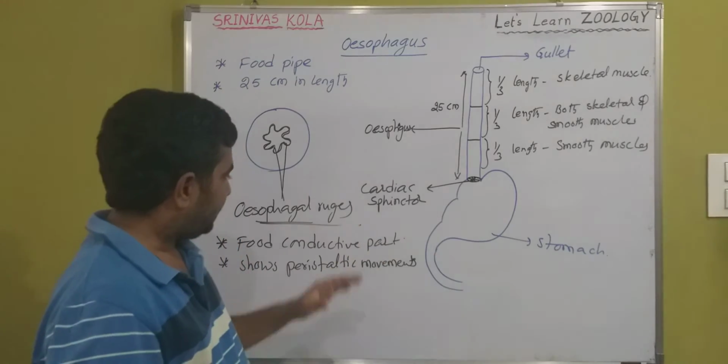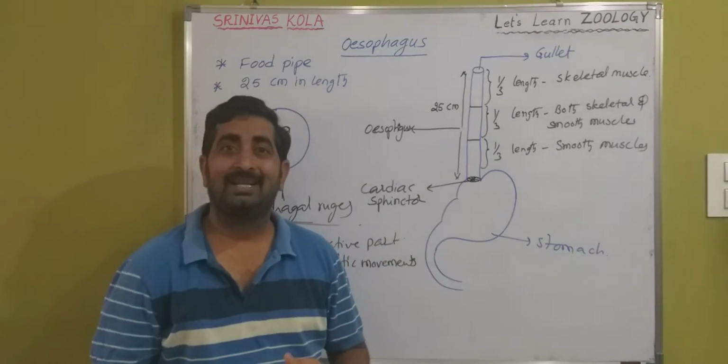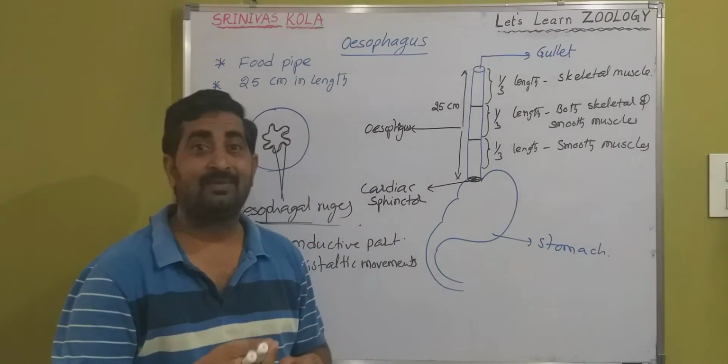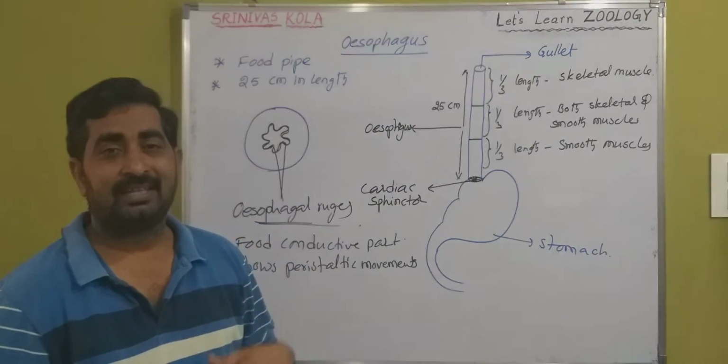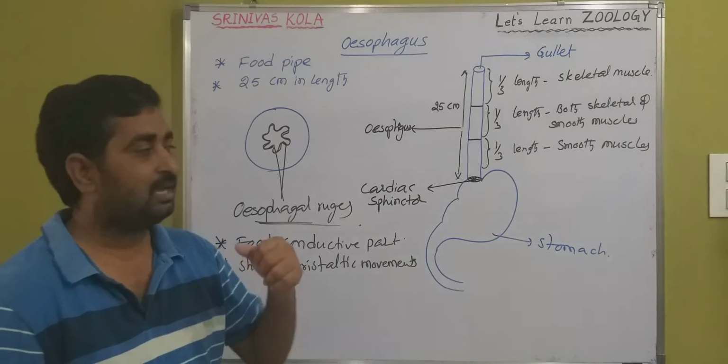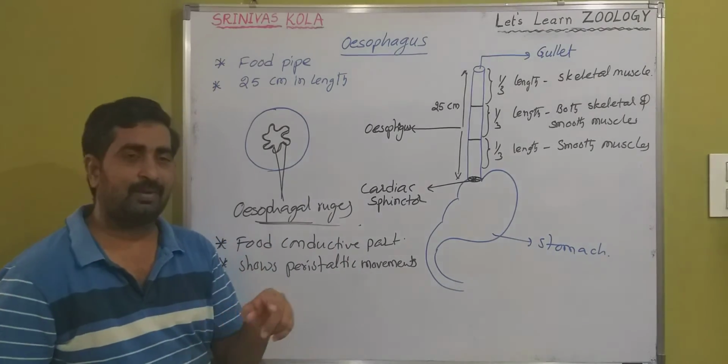Sometimes the alimentary canal exhibits reverse peristaltic movement, which causes vomiting. Why?